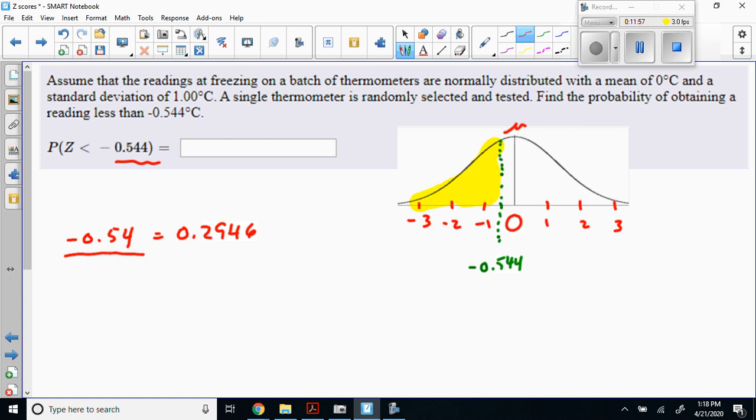And if I were to go, just for grins and giggles, I took these off because, you know, negative 0.55 would be 0.2912. So I'm just curious. Let's see.